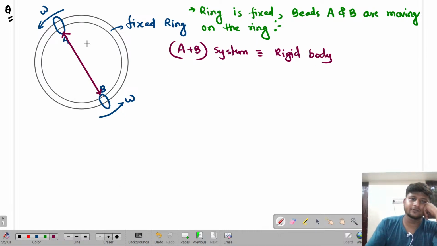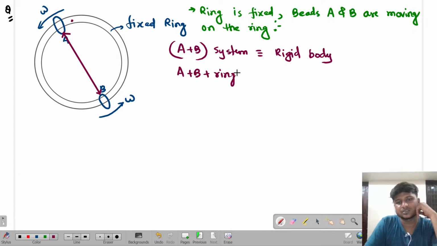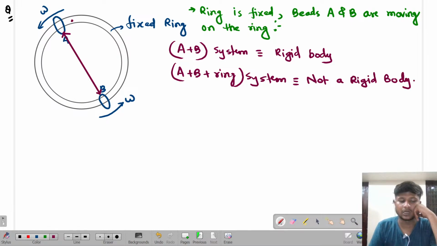Now, if you consider A plus B plus ring at that same instant of time, with respect to every point on the ring, these beads are moving away or not? Yes or no? So the A plus B plus ring system is not a rigid body. Are you able to get me or not?